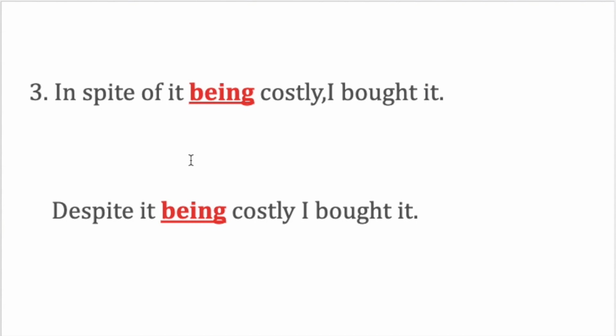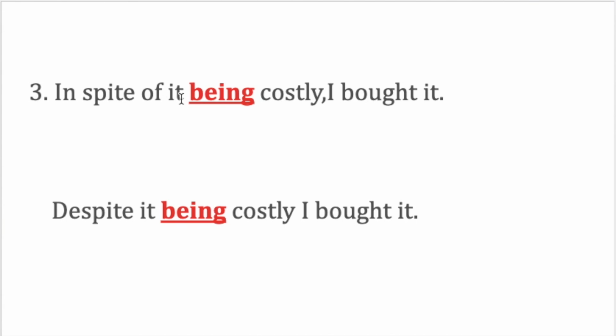Quickly, with this particular sentence: in spite of it being costly, I bought it. Now, when do we use being? When you're talking about a person or the character of the person. So we say in spite of being a lawyer, in spite of being a famous businessman. This is how you use being. I've used it for something, maybe a pen.